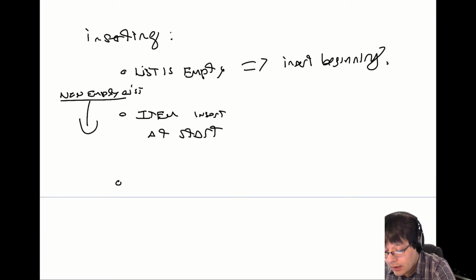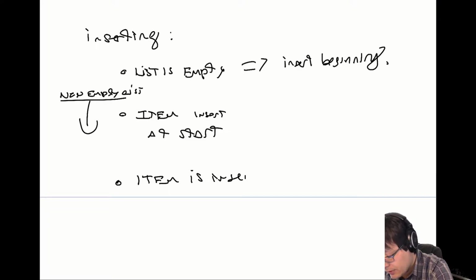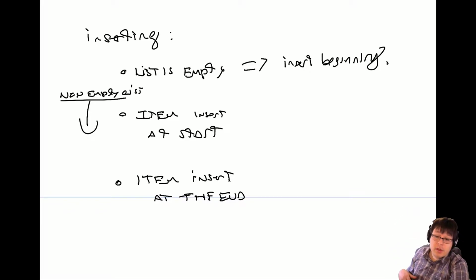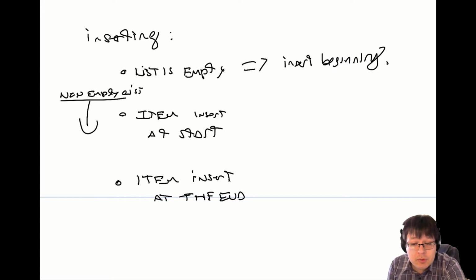Then another scenario could be insert item at the end, which in the case of a sorted linked list is probably because it's the biggest number. So in the first one it will be because it's the smallest number you're inserting, and the other one is because it's the biggest one. So in that case, you have to traverse the linked list all the way to the end to insert it, or if you got a tail pointer, you can just insert it right there.